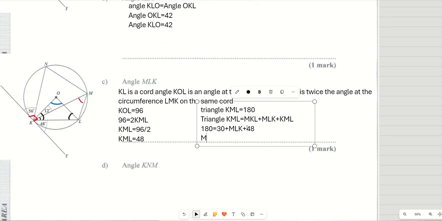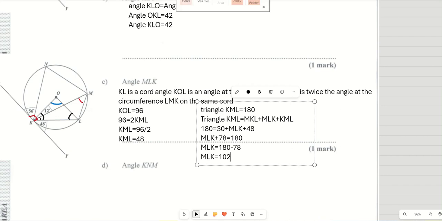So MLK plus 48 and 30, which is 78, is equal to 180. Therefore MLK would be equal to 180 minus 78, which is 102. And that is how you would get the answer for this question.